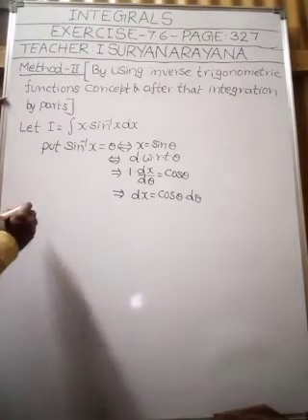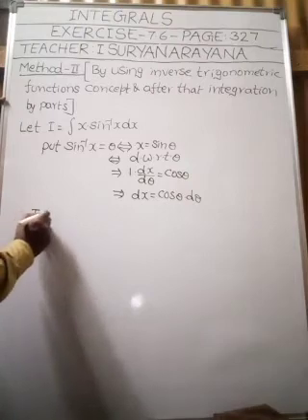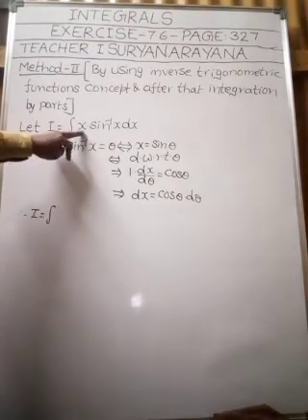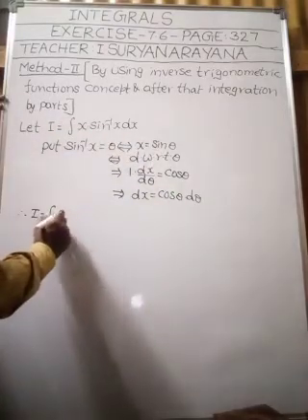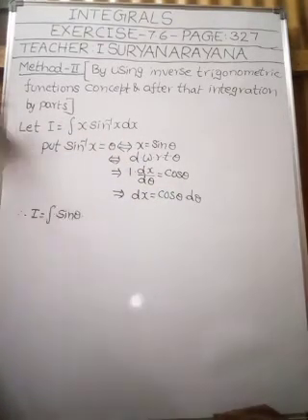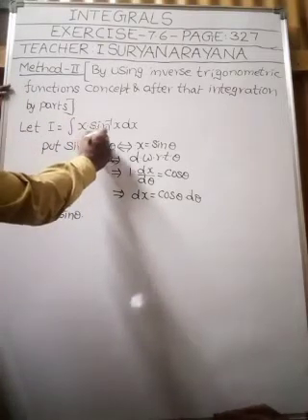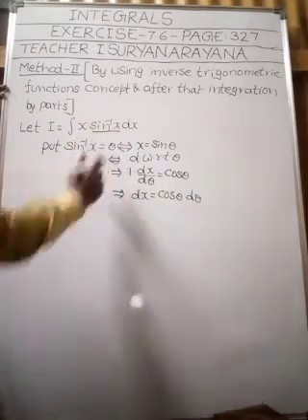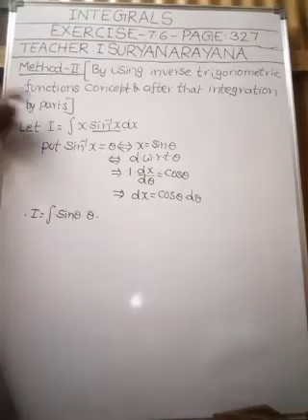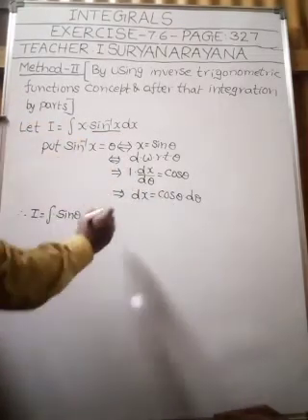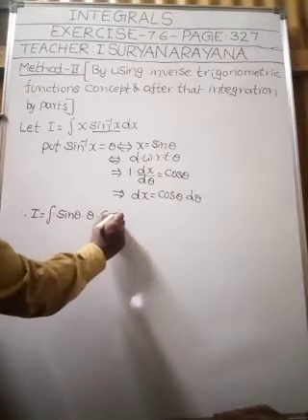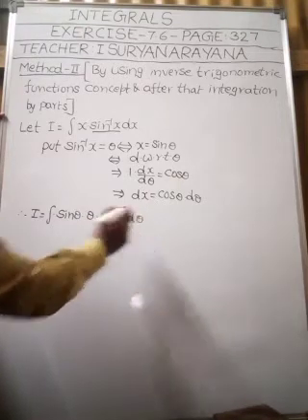Therefore, I is equal to integral of x. What is meant by x here? Sin theta, into sin inverse x. Sin inverse x means theta, into dx. What is the value of dx? Cos theta d theta.